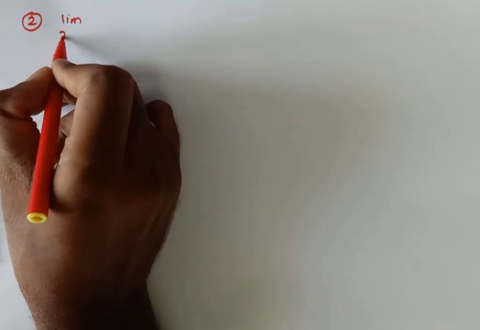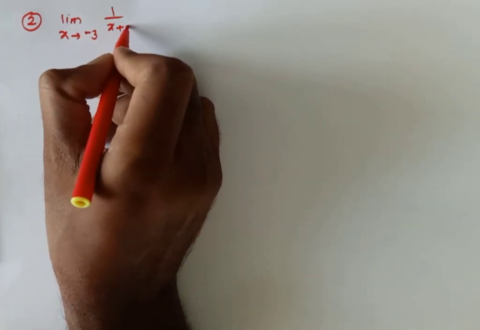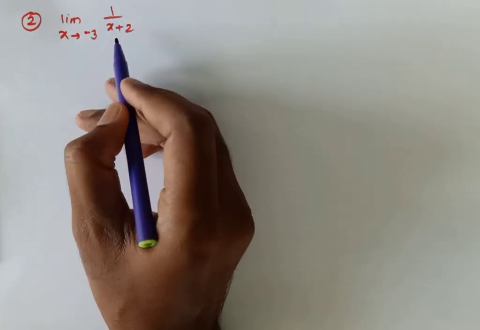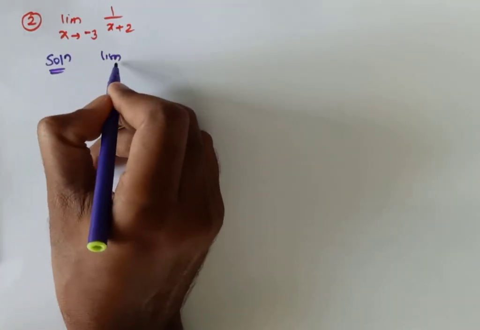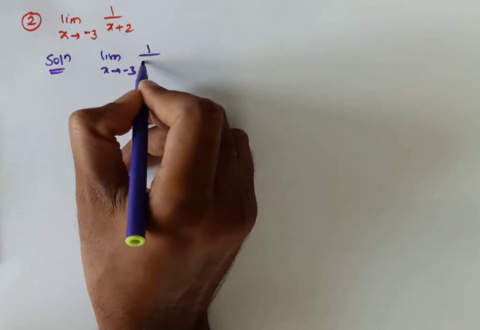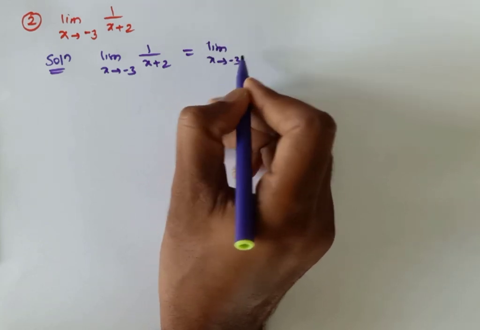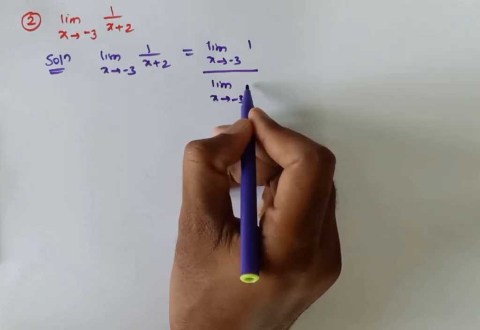Number 2: limit as x tends to minus 3 of 1 by x plus 2. Now how does it look? It is a limit of an f by g form, a rational function, no problem. So you need to apply the limit for the numerator as well as the denominator. The solution: limit as x tends to minus 3 of 1 by x plus 2 is limit as x tends to minus 3 of 1 divided by limit as x tends to minus 3 of x plus 2.